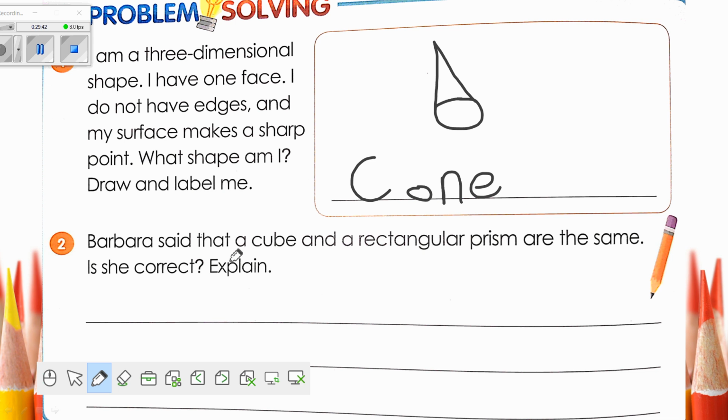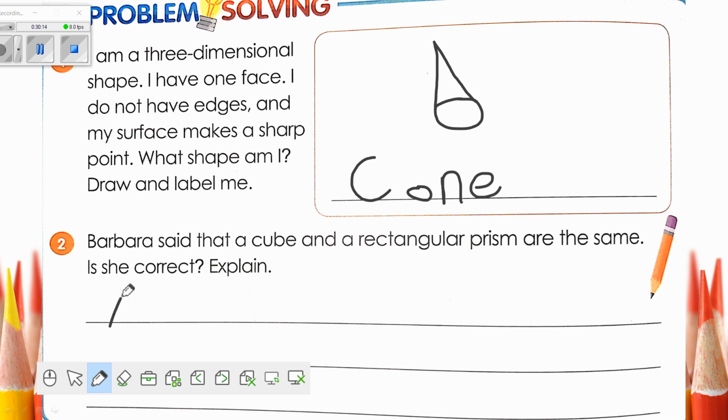Barbara said that a cube and a rectangular prism are the same. Is she correct? Explain. Look, they have the same number of faces, vertices, and edges, but they are not the same.